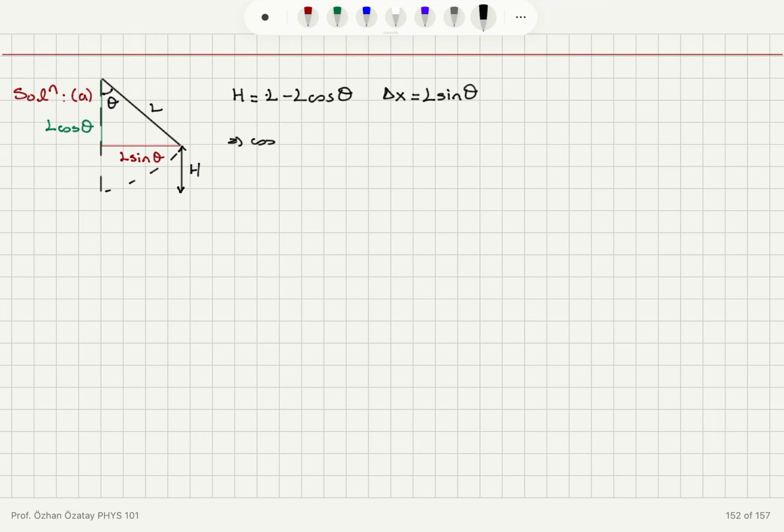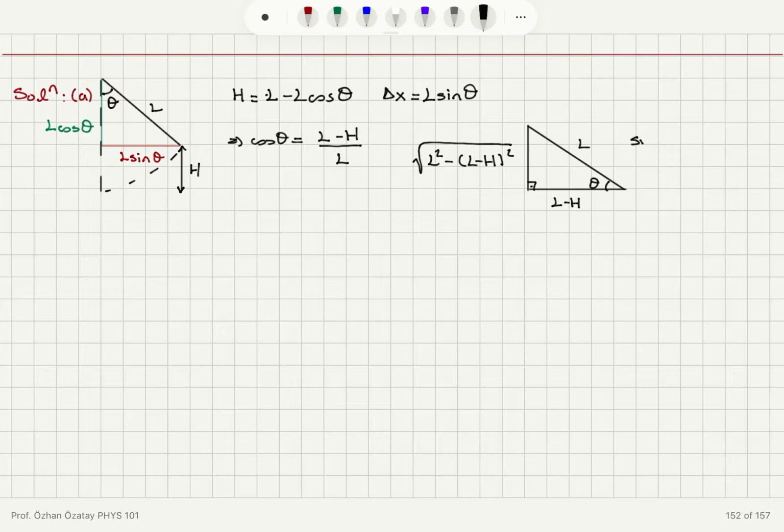So I see that cosine theta must be equal to (L minus h) divided by L. So if I draw a right triangle here, and note that cosine of theta should be (L minus h) divided by L, then I find that the other side of this triangle will be the square root of L squared minus (L minus h) squared.